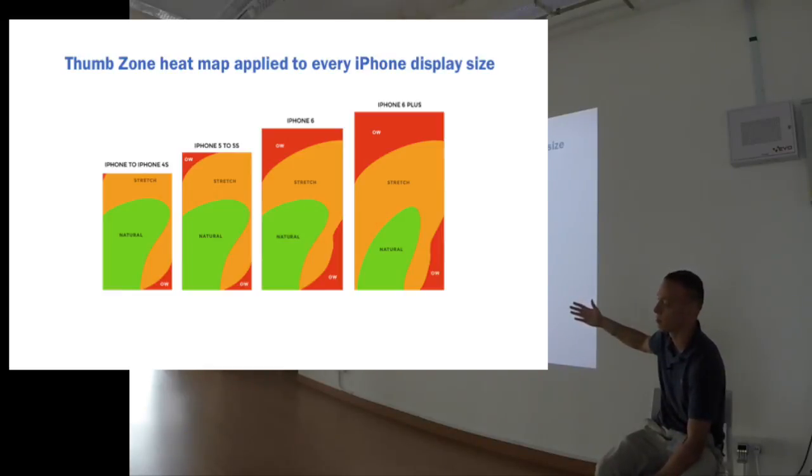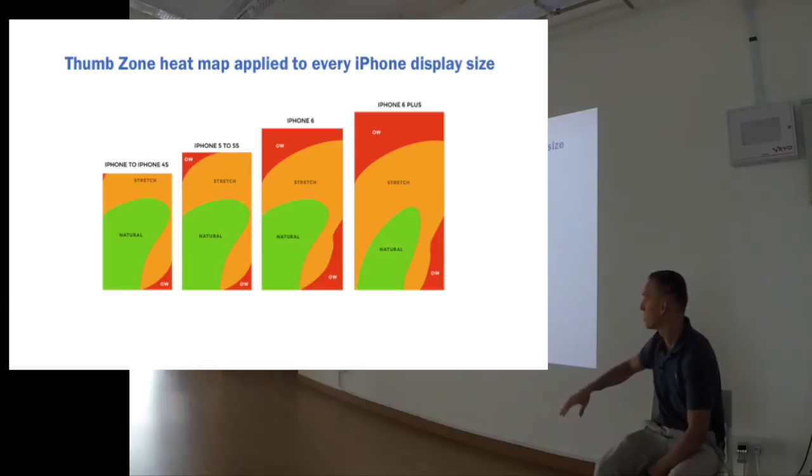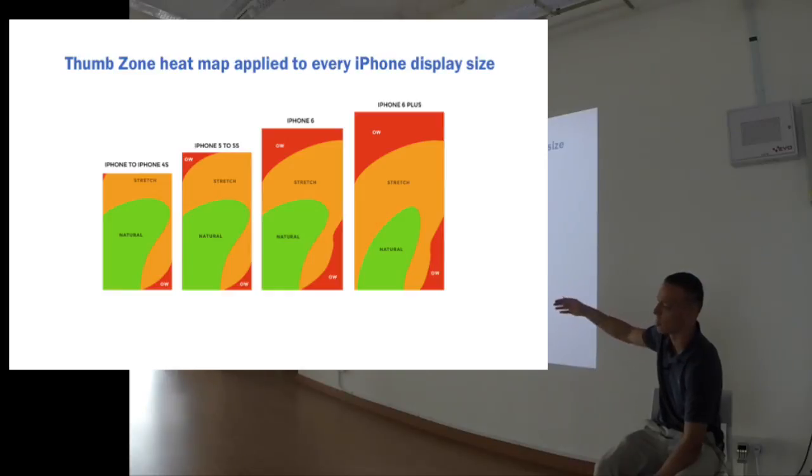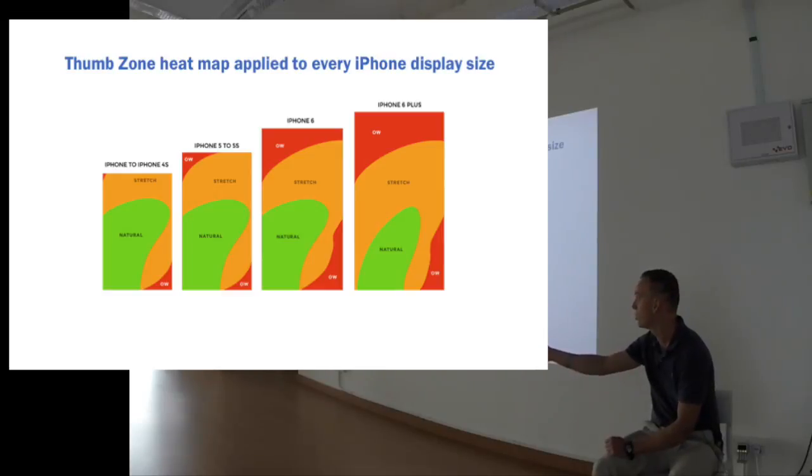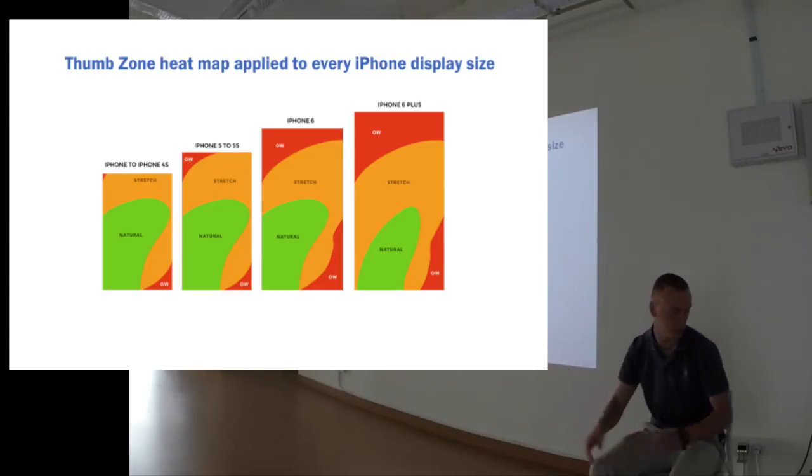You can find that the heat zones on the top are almost not usable. It's really difficult to use them with one hand, or you have to change your grip and try to reach the top, which doesn't make it easy.